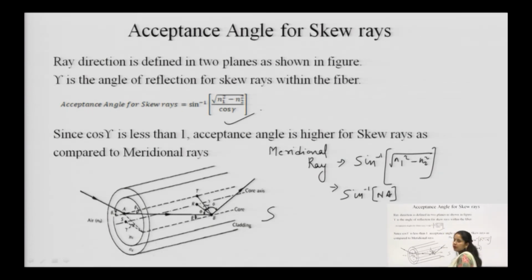That the meridional value should be less than the skew value. If the acceptance angle of skew rays is greater as compared to the meridional ray, we can say it is the advantage of skew rays over the meridional ray.